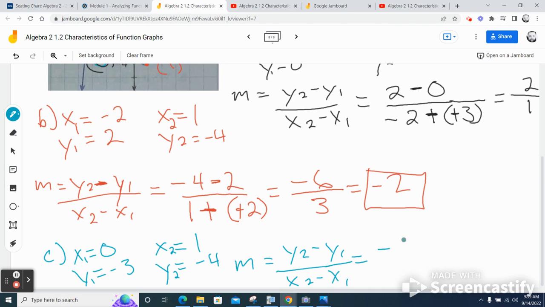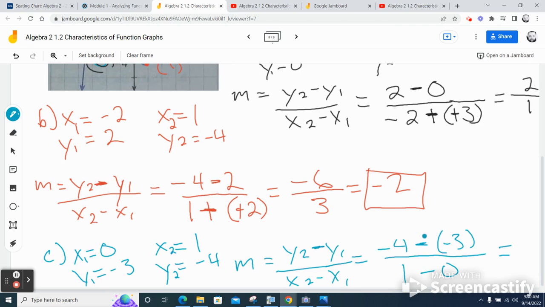Y sub 2 is -4. I have my minus sign right here. Minus y sub 1, which is -3. The biggest mistake you guys are going to make is somebody's going to forget that you have a double negative. Somebody's just going to write one negative sign down and think that it's right. Then x sub 2 is 1 minus 0.